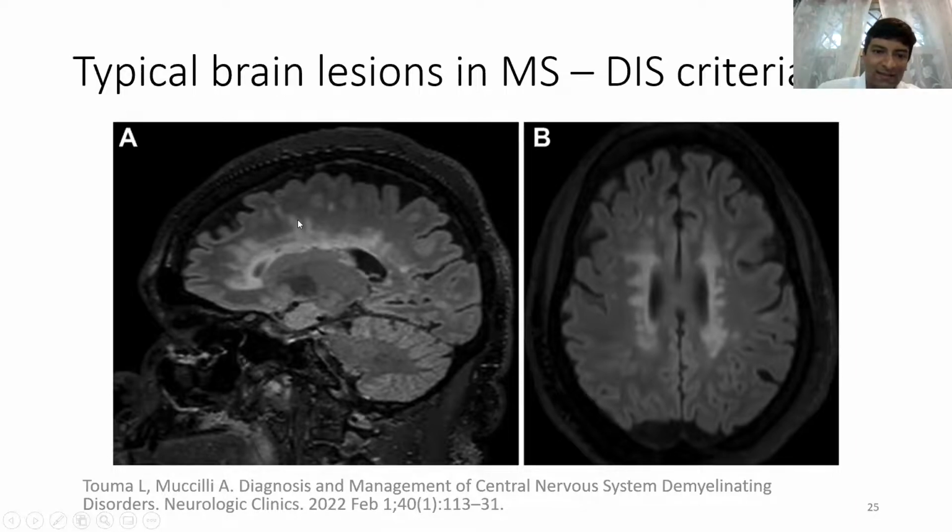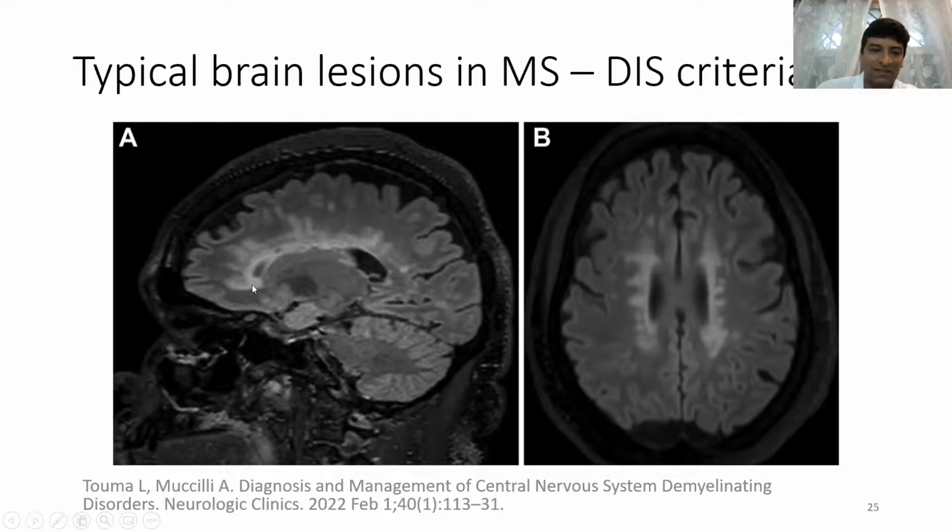And that is the pattern of the veins actually. So there is a perivenous outward spokes called Dawson's fingers. You may have heard this term. So if you see this classical pattern, callososeptal, radiating Dawson's fingers with some areas of cavitation or black holes on T1 images, you're very likely to be dealing with MS.